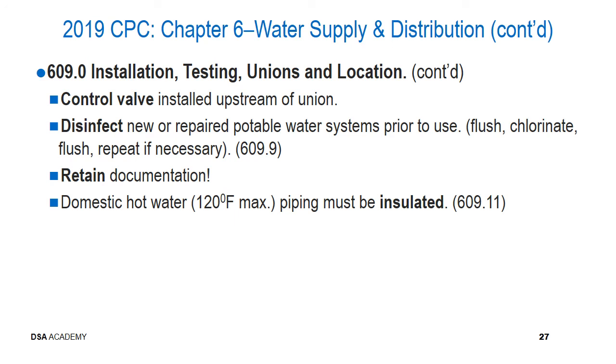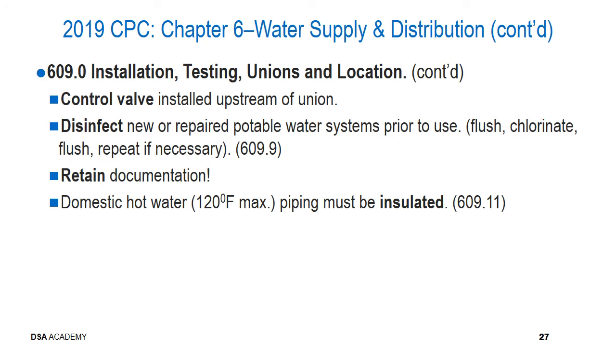It's also required that any new or repaired potable water systems must be disinfected, obviously, which generally includes flushing, chlorinating, and then flushing again. And then the subcontractor will test to see the clarity or the cleanliness of the water itself, and if necessary, they'll repeat the process to make sure that the chlorination parameters with which they are required to adhere to are adhered to.